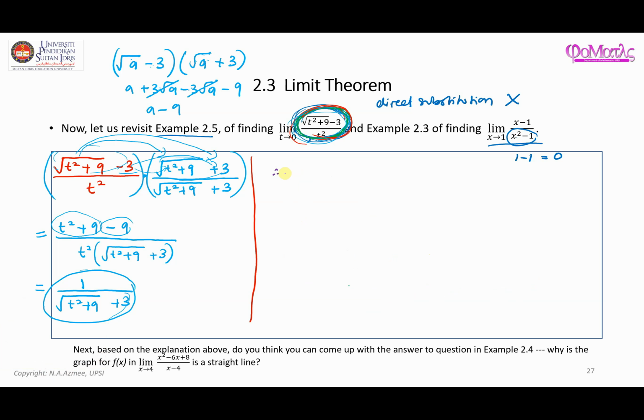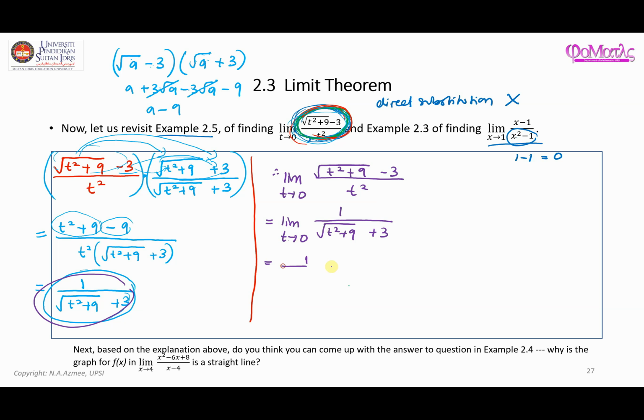Therefore, the limit as t approaches 0 of the square root of t squared plus 9 minus 3, over t squared, can be said to equal the limit as t approaches 0 of 1 over the square root of t squared plus 9, plus 3. Once we have done that, we can just do direct substitution. We substitute 0 into t, so you will have 1 over the square root of 0 squared plus 9, plus 3.